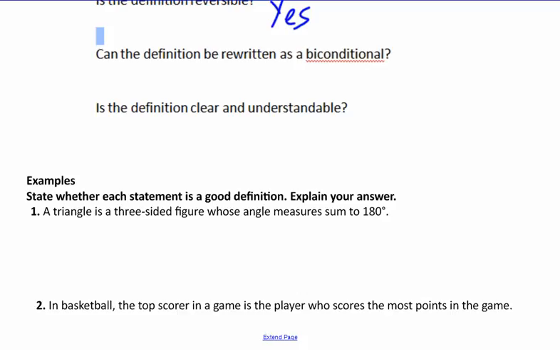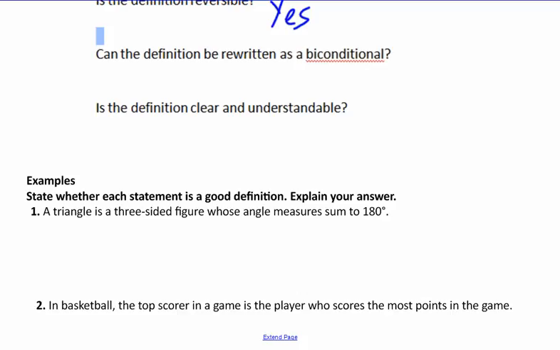So let's go back to number 1. A triangle is a three-sided figure whose angle measures sum to 180. If we could make it reverse, we could say, if the shape is a triangle, then it is three-sided with angle measures that sum to 180.